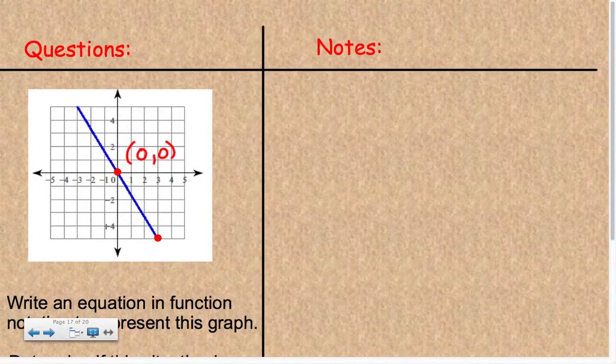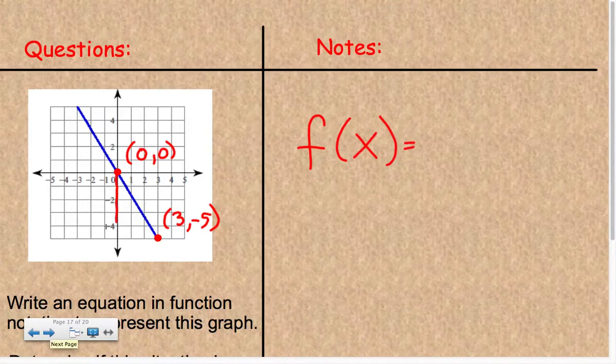The points are (0, 0) and (3, -5). f(x) equals, rise 1, 2, 3, 4, 5. I went down, so it's negative 5. Right 1, 2, 3. Right is positive.